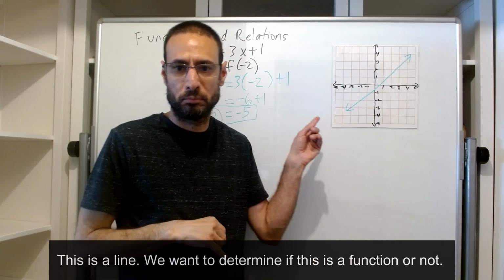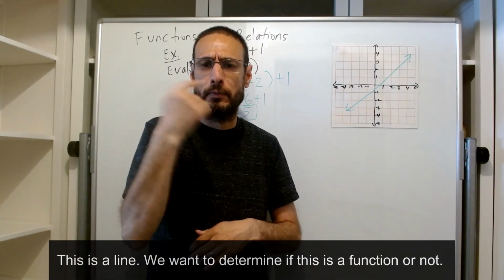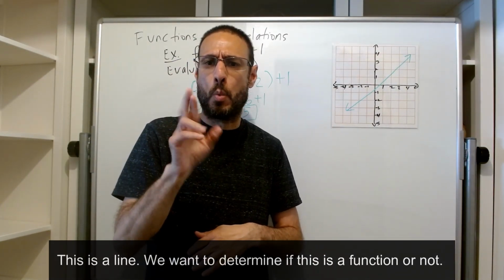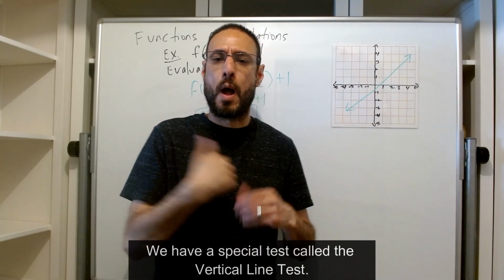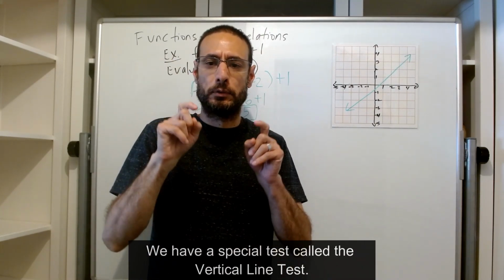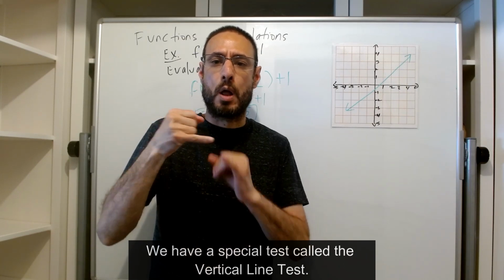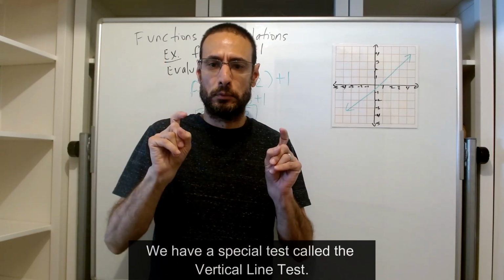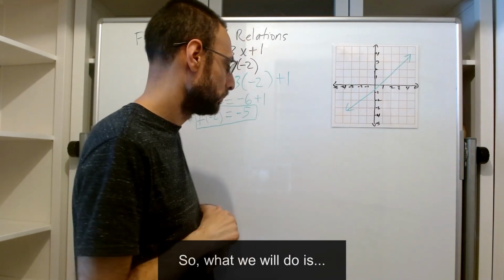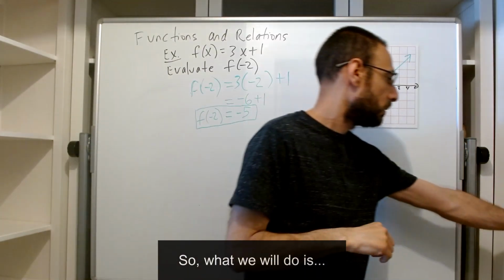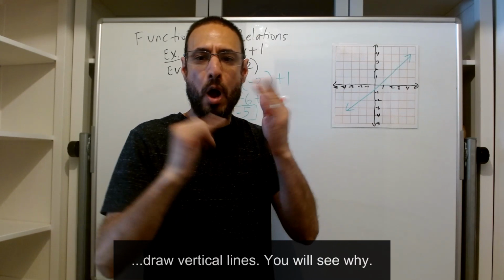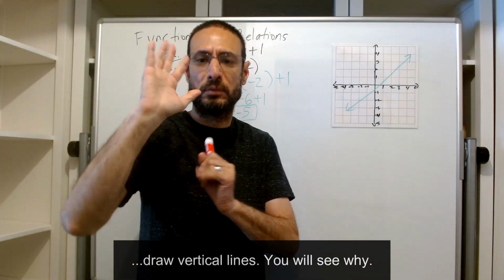This is a line. We want to determine if this is a function or not. We have a special test called the vertical line test. So, what we will do is draw vertical lines. You will see why.